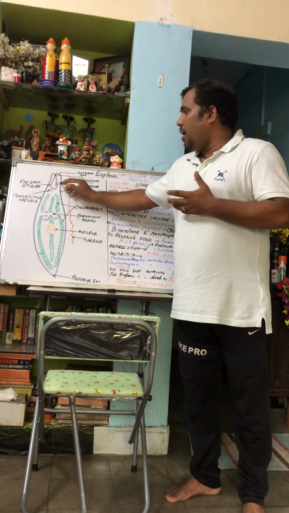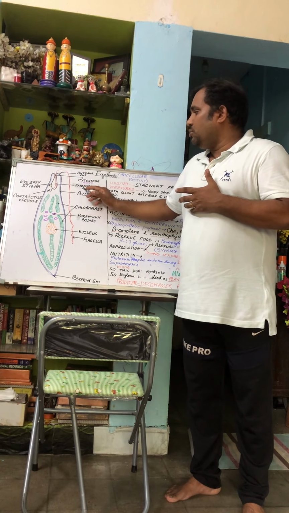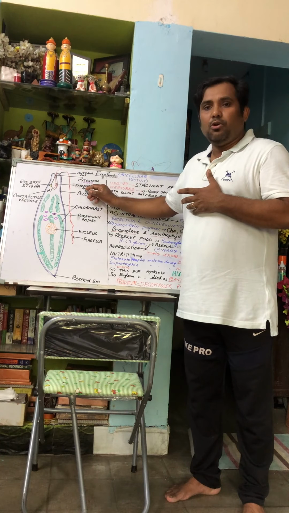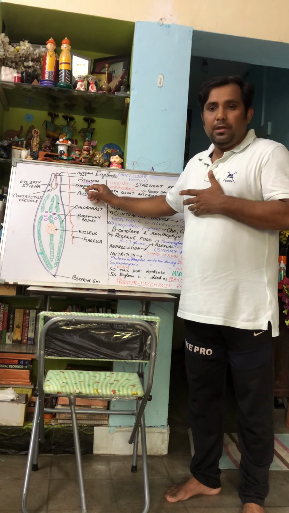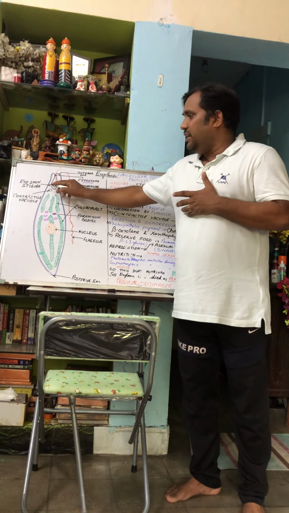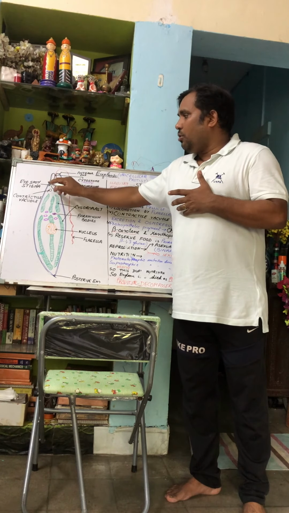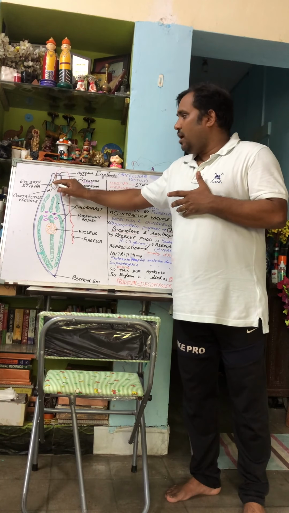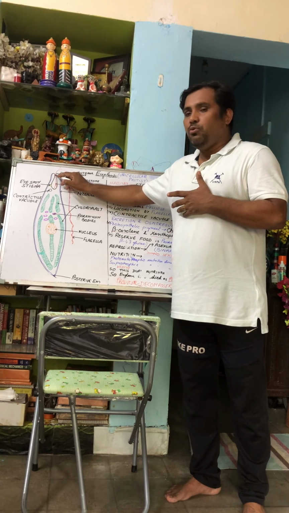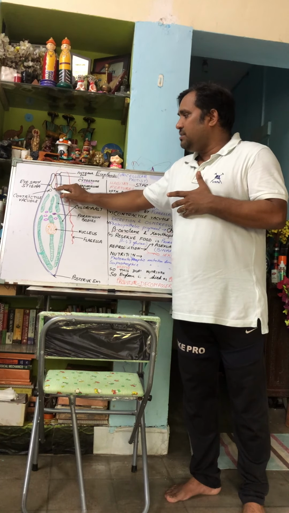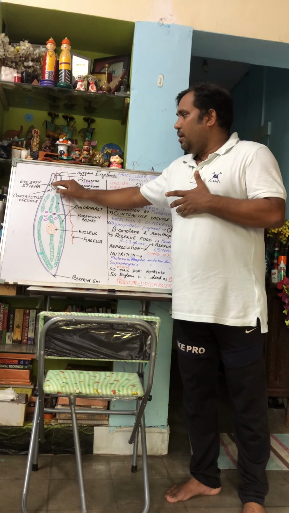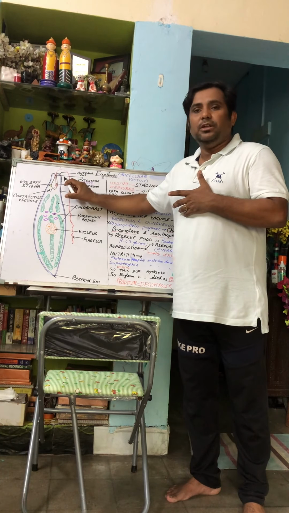Both these flagella are connected by a photosensitive structure called the paraflagellar body. This paraflagellar body is coordinated with an eye spot or stigma that lies outside the reservoir. So this is the cytostome or mouth, followed by the cytopharynx, leading into the reservoir. Outside is the eye spot or stigma that controls the paraflagellar body.